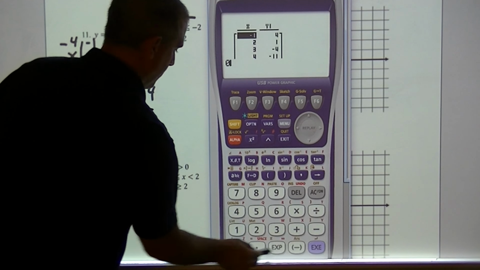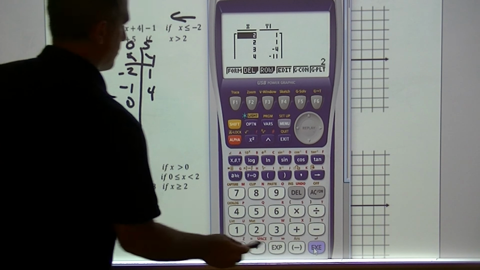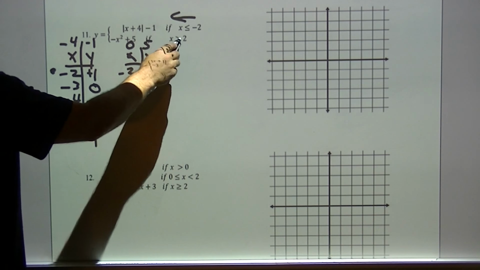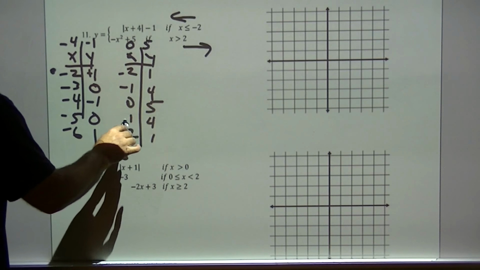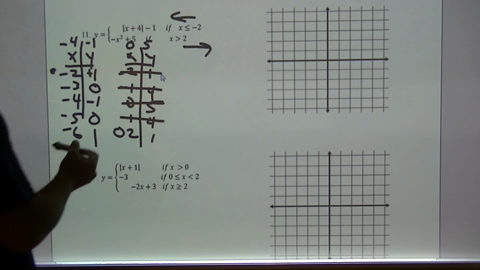Okay, I think 0 should be 5. Yep. 1, 2. Okay. All right, so this one's got to be a right arrow. I can only use the ones greater than or equal to 2, so all of these are going to be no good. Okay, so -2, 1.